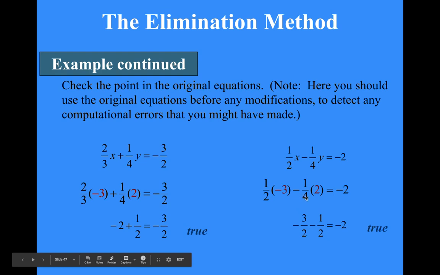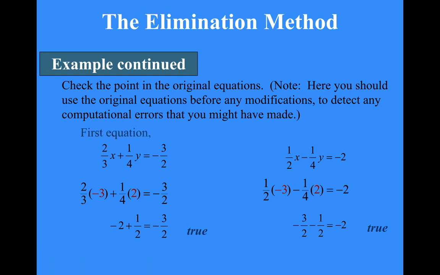Minus 1/4 times 2, which gives me negative 1/2. Negative 3 halves minus 1 half. Remember, that's negative 1.5 minus 1 half gives me negative 2. That's a true statement. So this works out. So that means that we were right. Our point is indeed negative 3, comma 2.